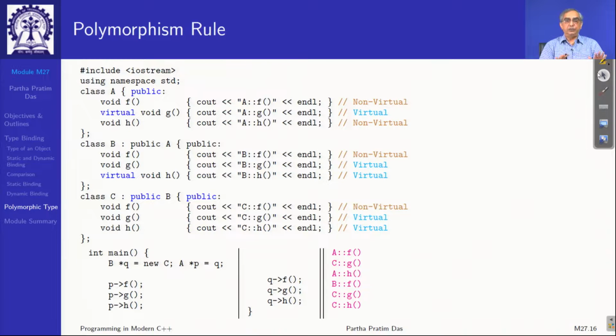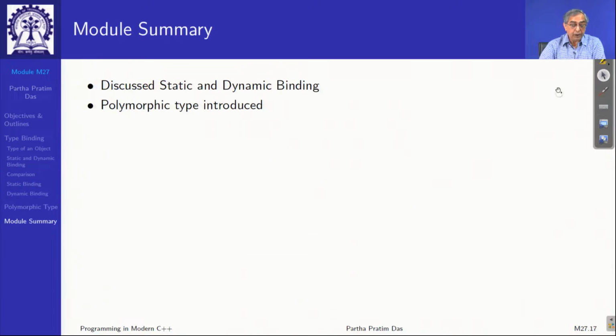If you understand this rule, then the whole of polymorphism, or so to say handling of polymorphic hierarchy in C++, which is the core of object oriented design in C++, will be like an easy cake for you.